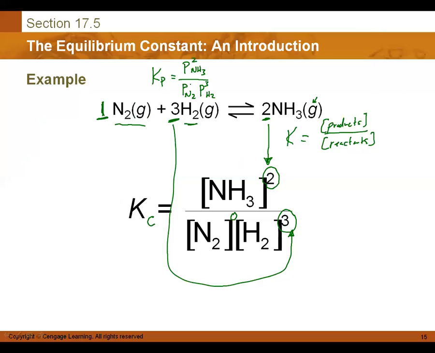Since we use pressures instead of concentrations, you could, for this particular reaction, write what is known as the Kp value, which is also an equilibrium constant. It just deals with pressures. So if you were to do the calculation for the Kp, you would use something like atmospheres, which is a unit of pressure. If you're going to calculate the Kc value, you would use something like molarity, which is a unit of concentration. Any questions on that there?